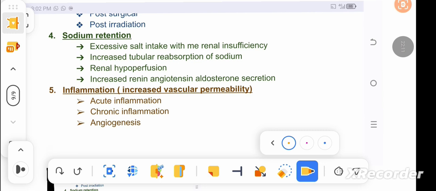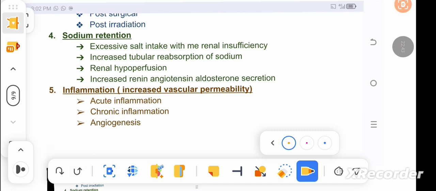But apart from that, we have excessive salt intake, which is observed in renal insufficiency. If in renal insufficiency you take excess salt, then that will lead to edema, because where there is salt, water will always follow. So there will be accumulation of water due to this salt retention.